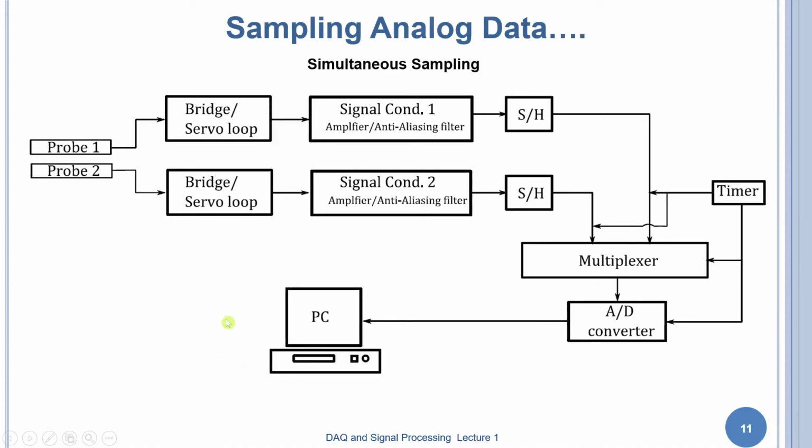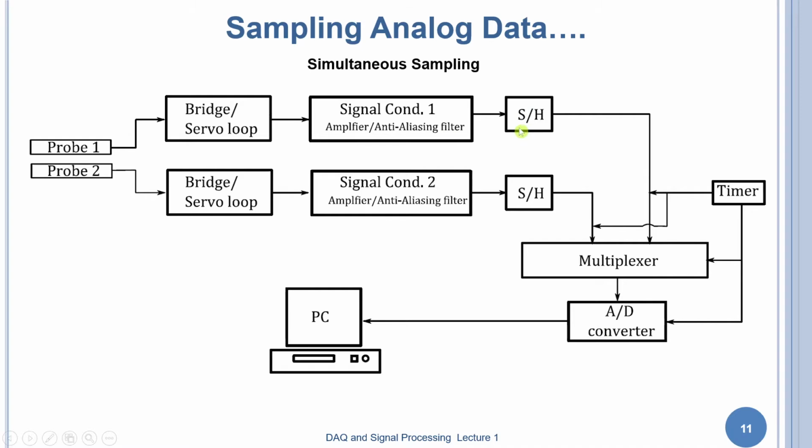Now, to avoid the limitations caused by multiplex sampling, we can use a simultaneous sampling method. In this method, unlike the previous method, you have a sample and hold device which is dedicated to each probe. So in this case, both the probes can be sampled at the same time and the data can be held at the same time, which is further sent to your digital conversion.